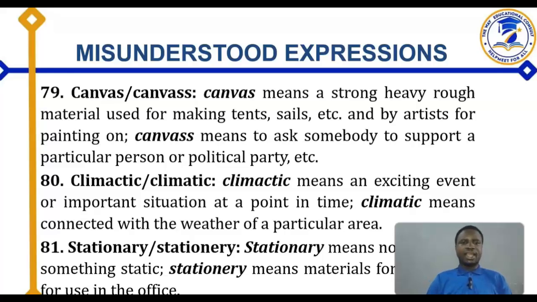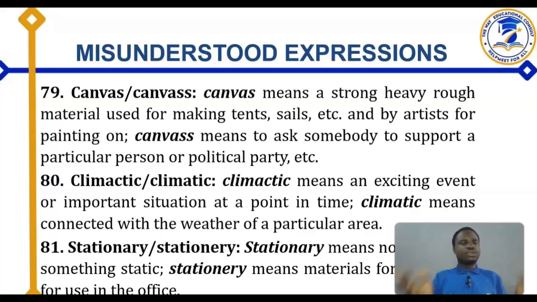Number 80, climactic and climatic. Take note of the two. One has a C before TIC and one does not. The one that has it means an exciting event or important situation at a point in time, like the climactic section of the program.